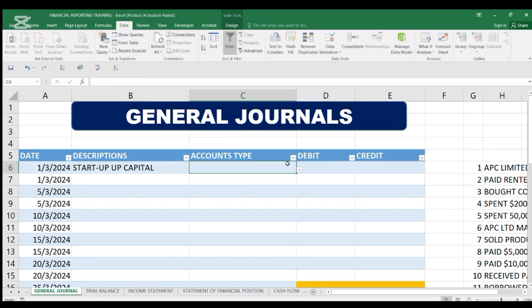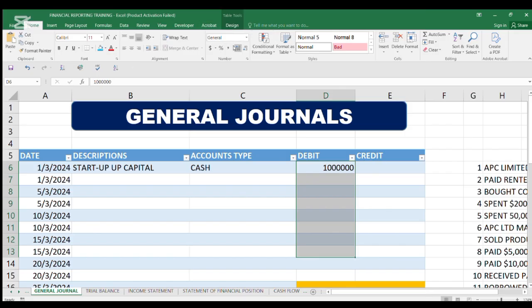Now this is the account type. So here you click on the drop down and select the account that you want to credit or debit. The first one, I would like to debit the cash. Then you put the debit value, 1 million US dollars.